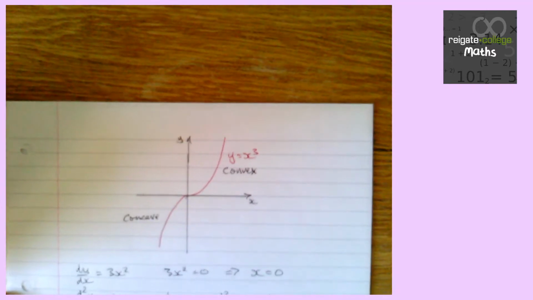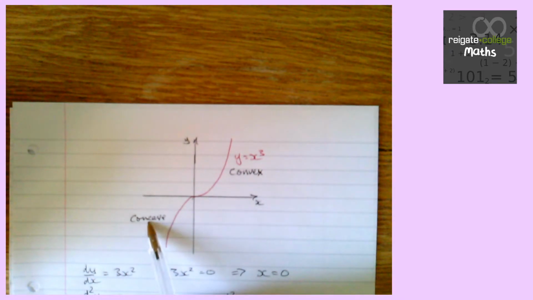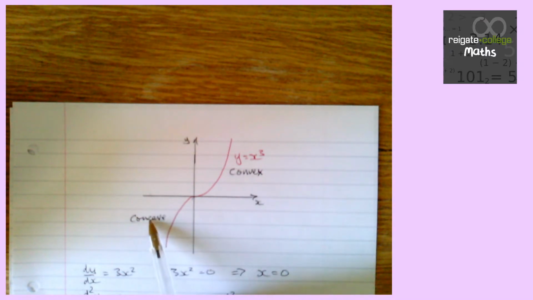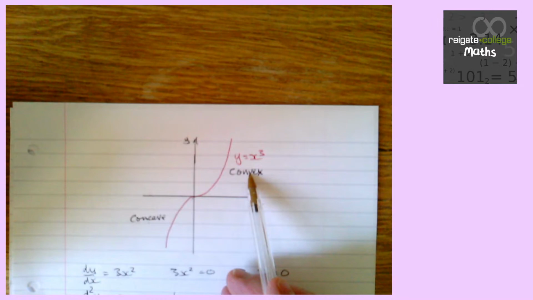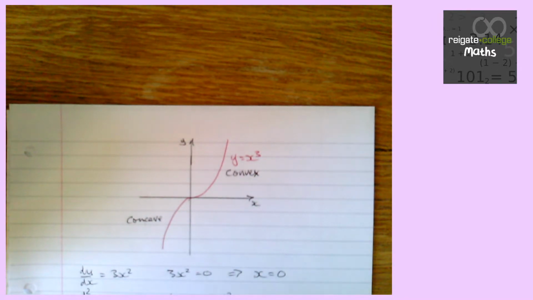In particular, y equals x cubed is a very straightforward one to remember, and if you can picture that and remember that concave and convex come in alphabetical order, so the C here is before the V here, then you can remember that that's the order going from negative to positive.